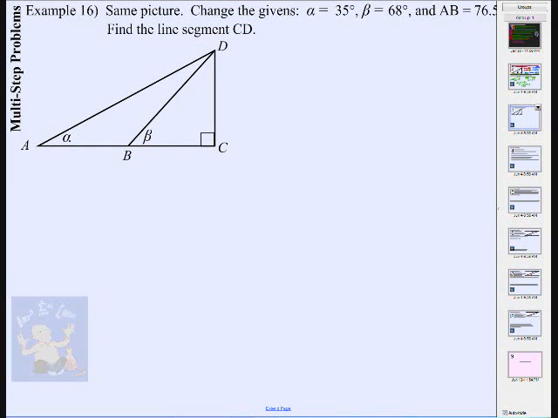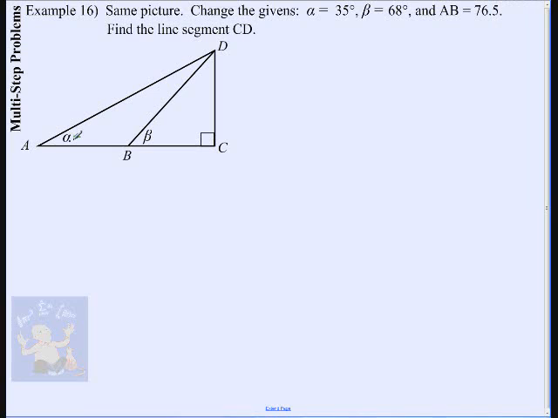Okay, same picture, but we're going to change the values. Now A is going to have an alpha angle measure of 35 degrees, and beta will be 68 degrees.